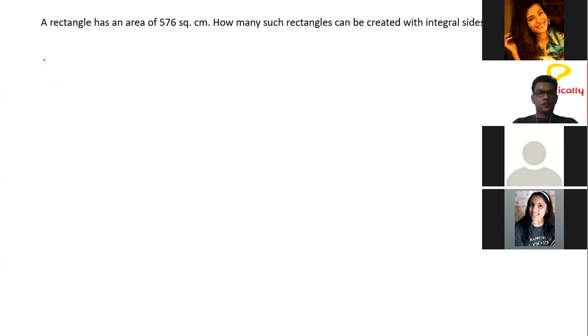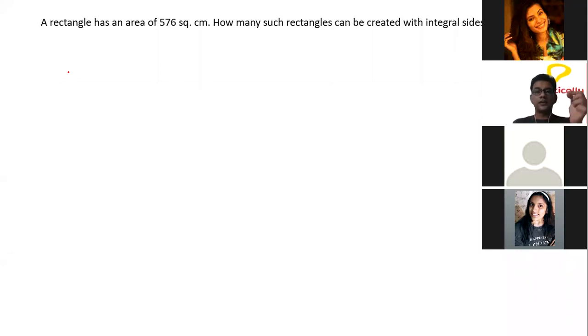All right, guys. Sanika says 18, Ritika says 21. Deepika asks about integral sides. Okay, Deepika, integral sides means that I need a side which is an integer. For example, 1, 2, 3, 4, 5 are integers, right?